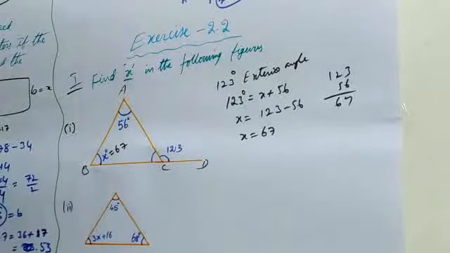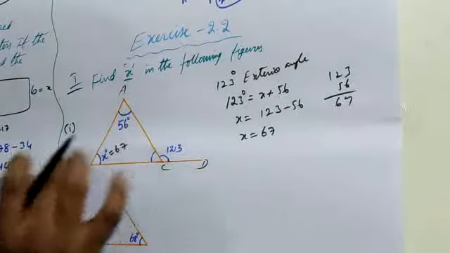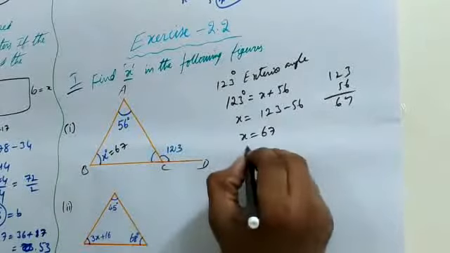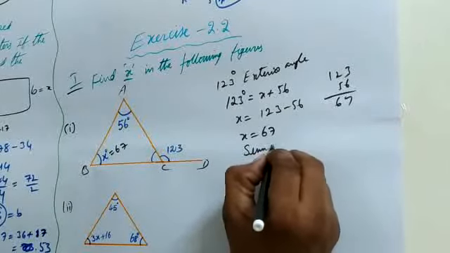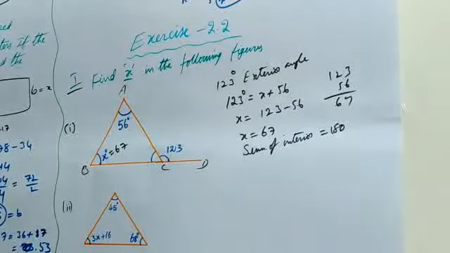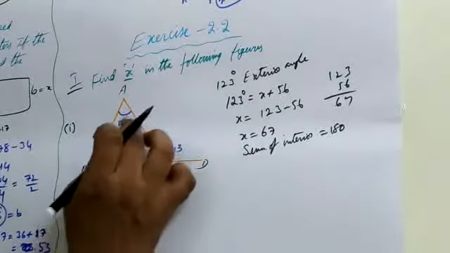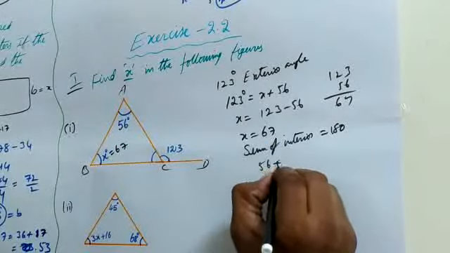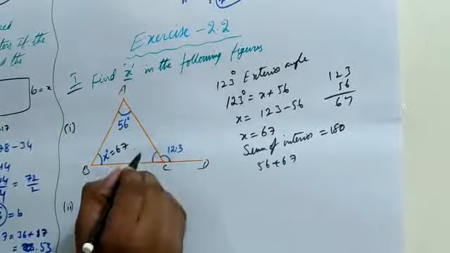The sum of the three interior angles is equal to 180. Two angles are already given, 56 plus 67. What is the angle y?